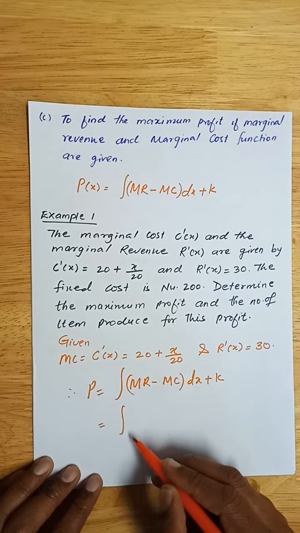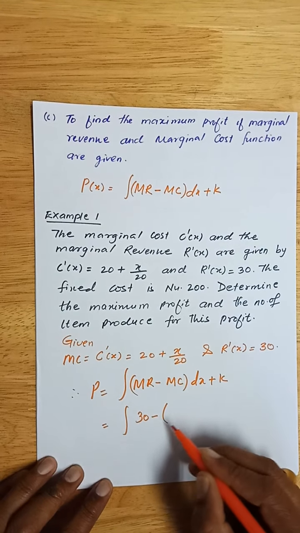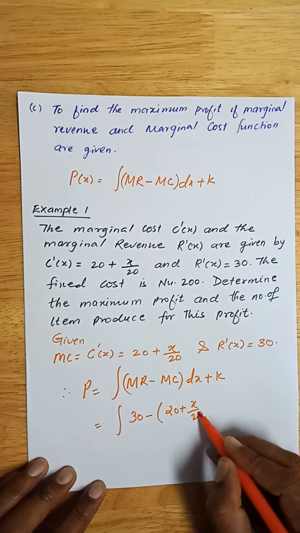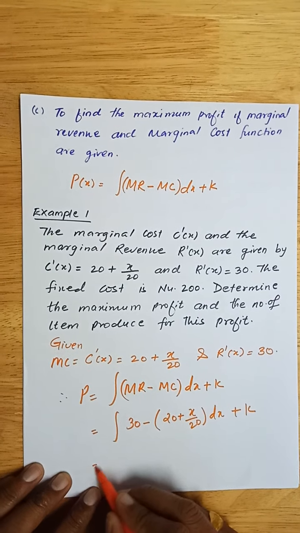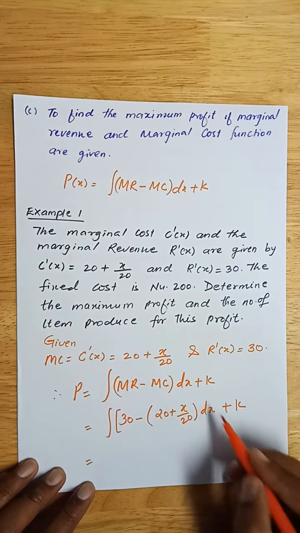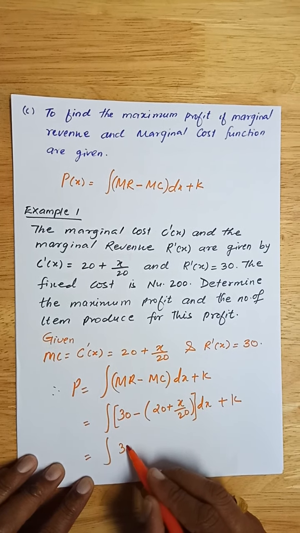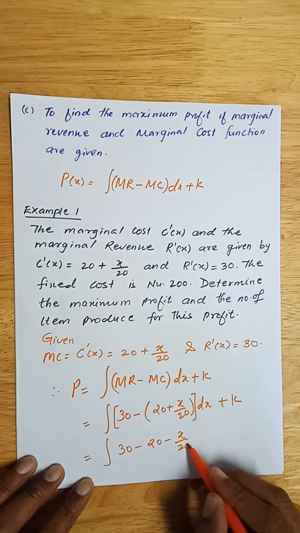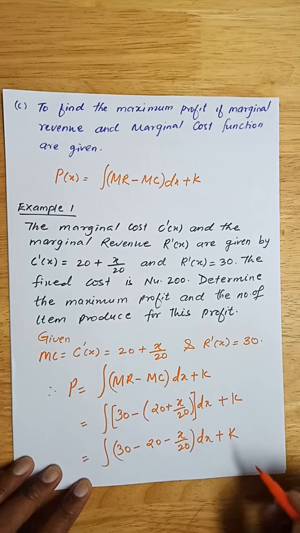MR is 30, minus, put inside the bracket, 20 plus x divided by 20, dx, plus K. So now you may put this inside the big bracket: integration of 30 minus (20 plus x divided by 20) dx plus K.